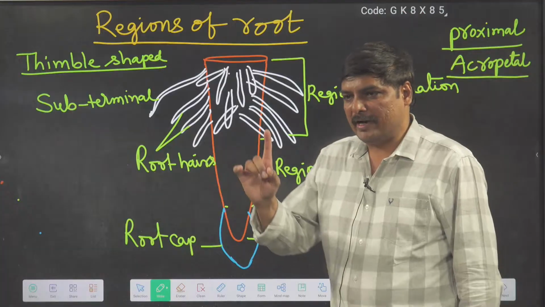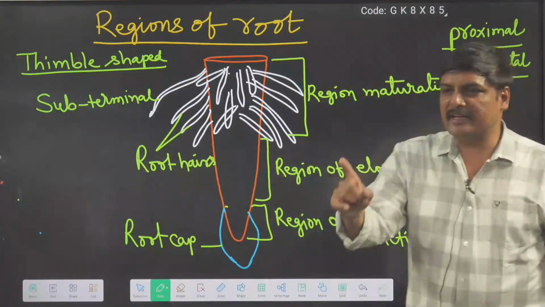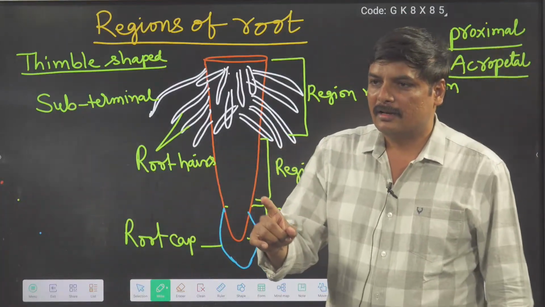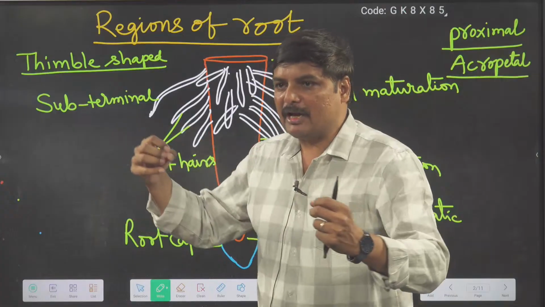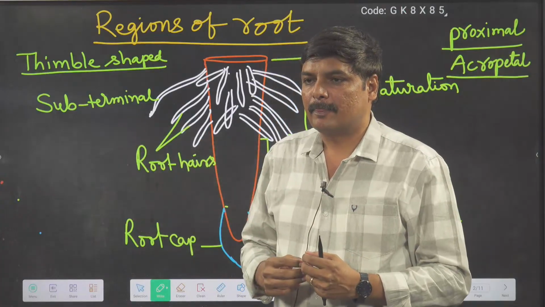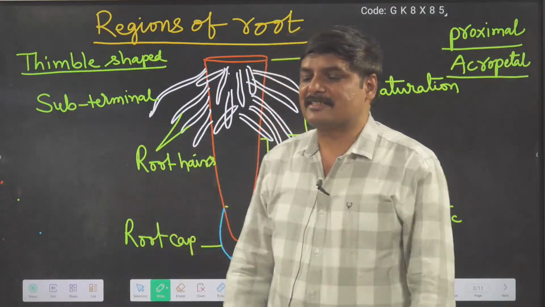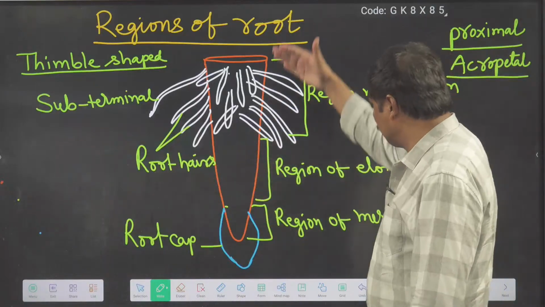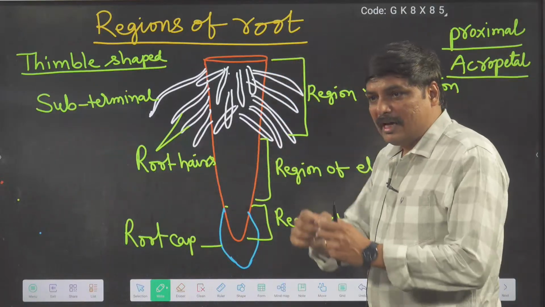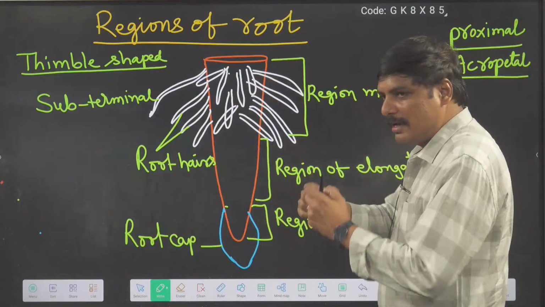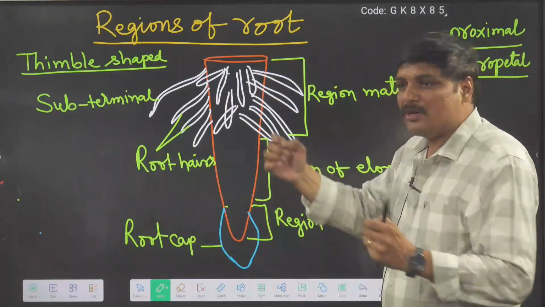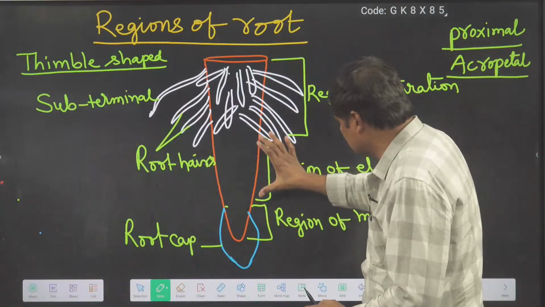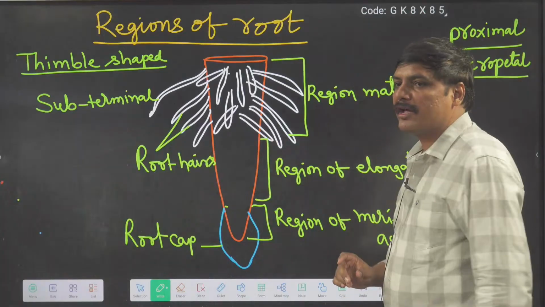Elongation zone. Finally, in which region does the root become elongated, the length of the root increases? That is the region of elongation.